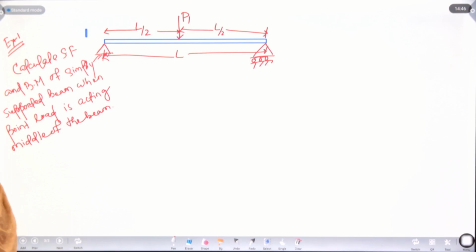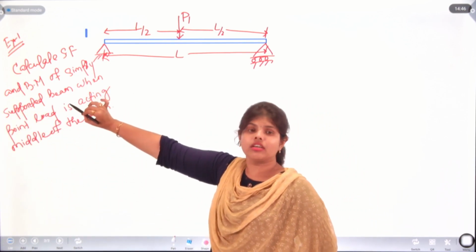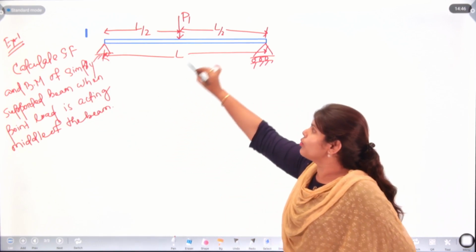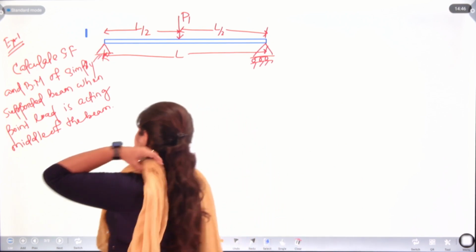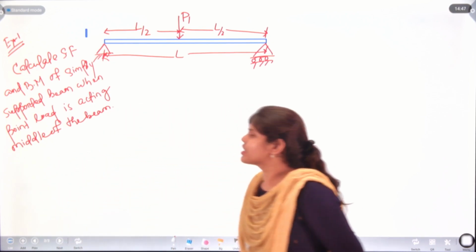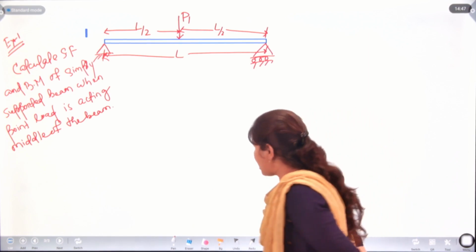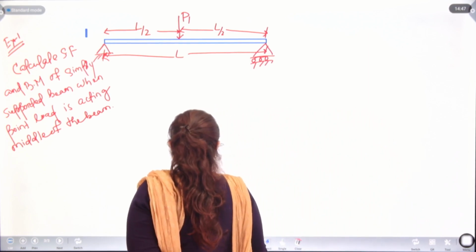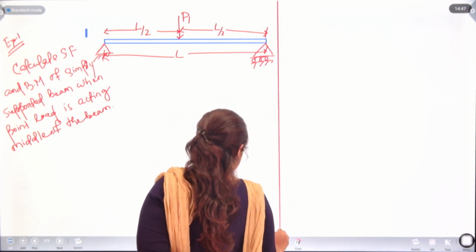In our exam, we will have only the question, this part, and we need to draw the diagram. So, to calculate shear force and bending moment, we need to find out the reaction forces. Now, we will understand how to calculate the reaction forces.